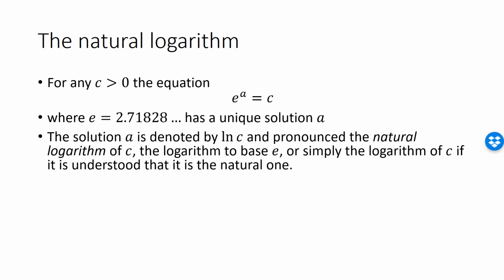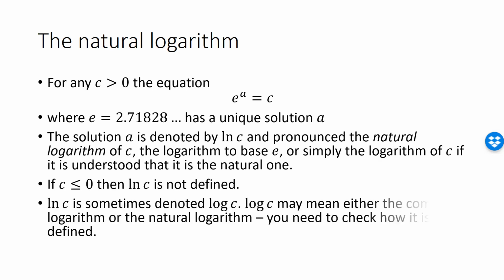The natural logarithm of 0 and the natural logarithm of negative numbers is not defined, since e to the a can never become negative or 0. If you see log x in the literature, you really cannot say for sure if this is the common logarithm or the natural logarithm. You have to check case by case exactly how log x is defined.